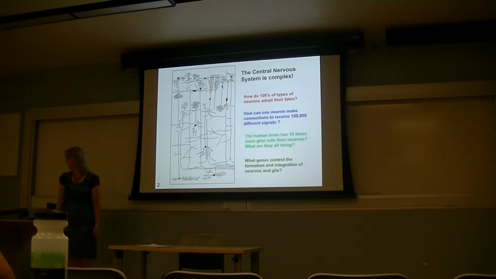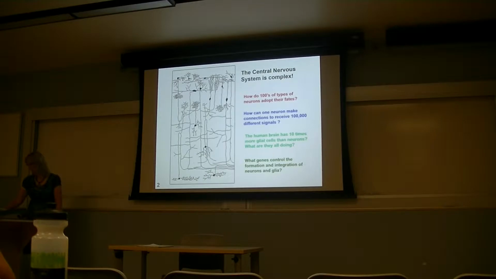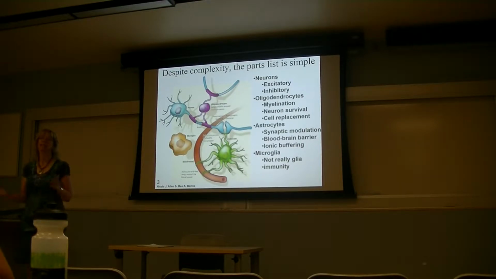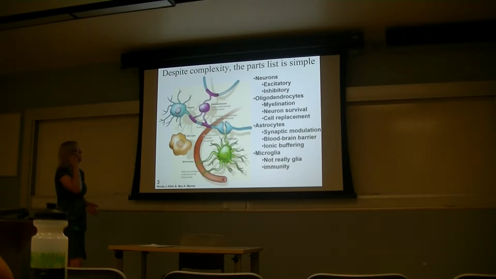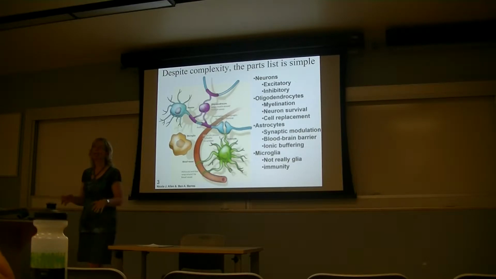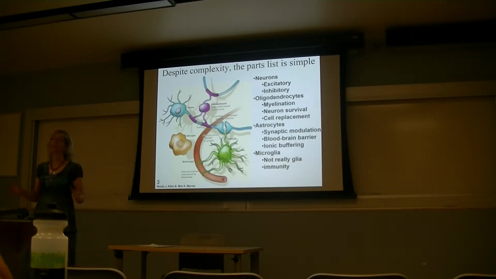So the system is complex, and yet, in a way, the parts list is fairly simple. What we have to grapple with is neurons of various different types, and their support cells, which are glial cells. These come in some different categories. Neurons can either be excitatory, that is stimulating the excitement of muscles or other neurons, or inhibitory.